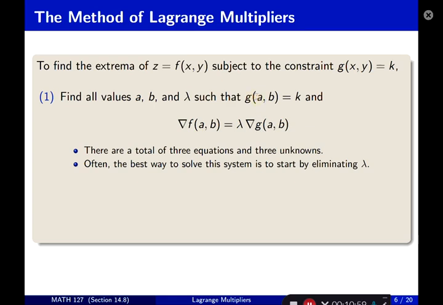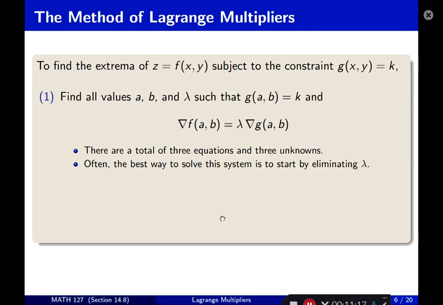Then you make sure the constraint holds, and that's another equation. And then you have unknowns that are a, b, and lambda.